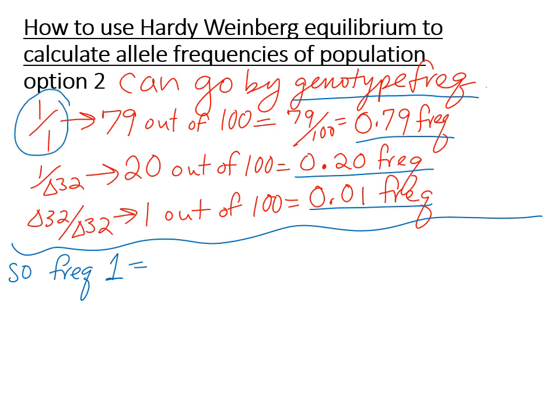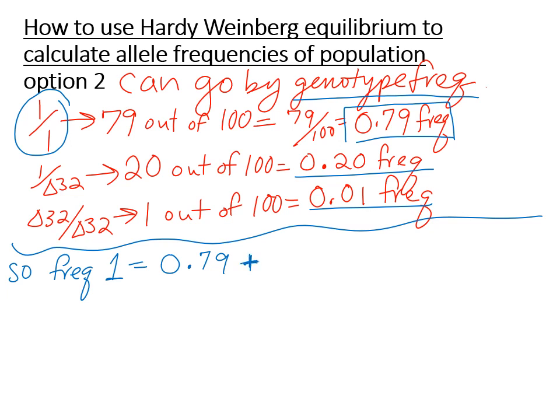Right here in the first genotype, 0.79 frequency. Allele 1 represents that whole genotype, right? It's 1, 1, which means there's no other allele there, so that entire 0.79 represents allele number 1.